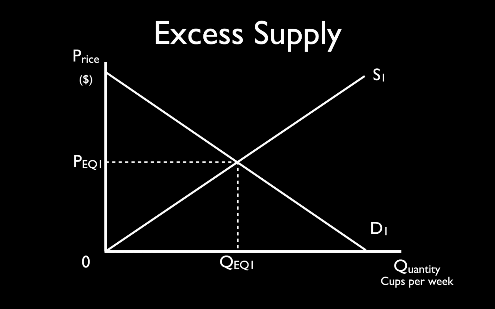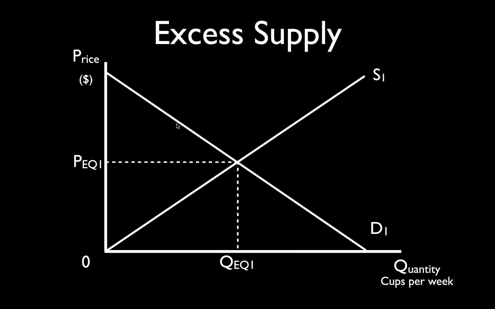Now, I am not saying this will happen in one straight shot, as I've shown here. The price could have gone from here down to here, and then the excess supply would have been less, but still would have existed. And as such, there would have been a continuing incentive to lower price until the two were the same.